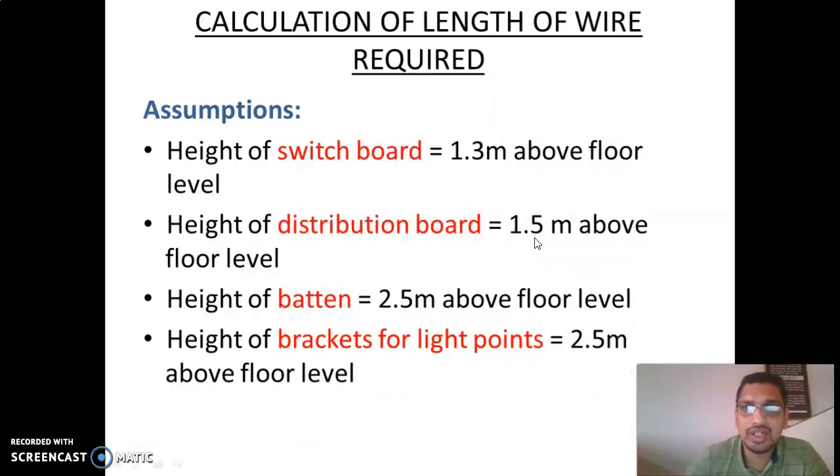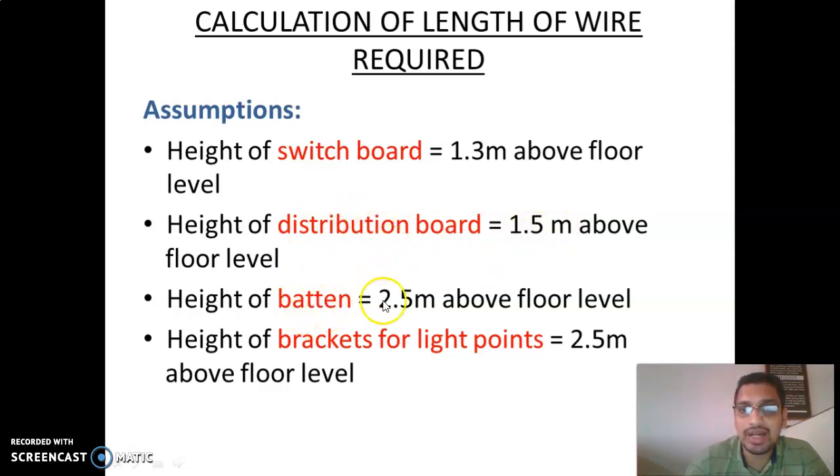Before calculating the estimation, we should make some assumptions. The height of the switchboard: we place the switchboard 1.3 meter above the floor level. The height of the DB, distribution board: we install the DB 1.5 meter above the floor level.